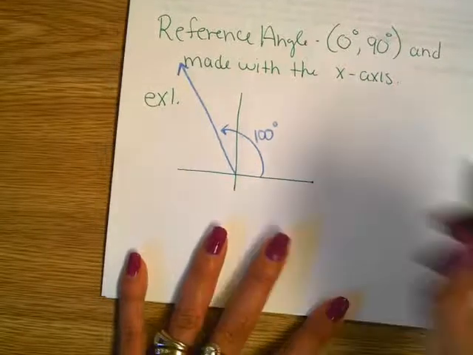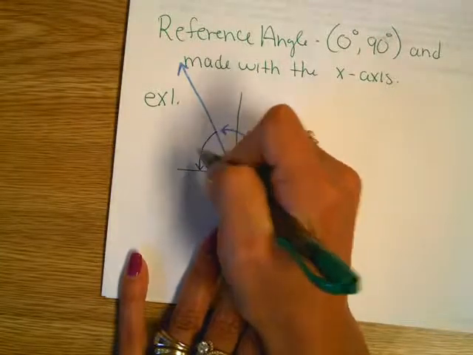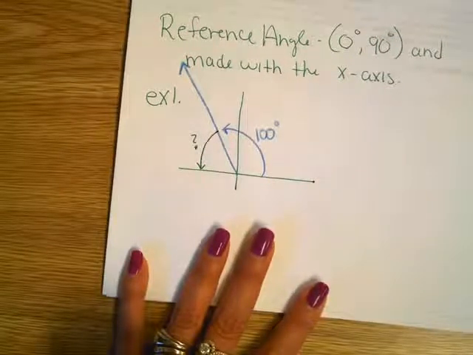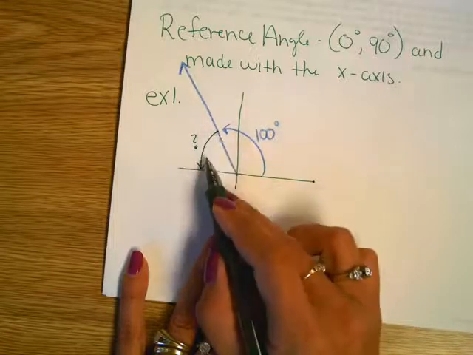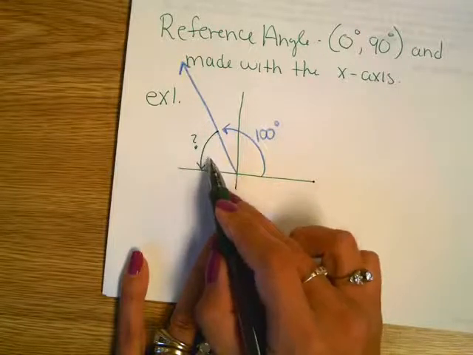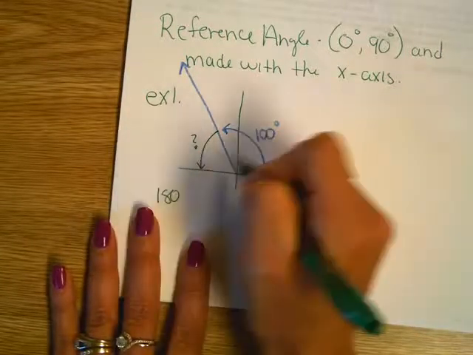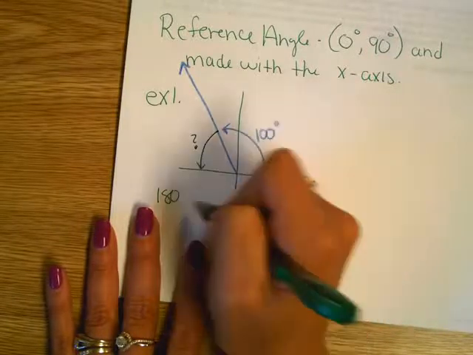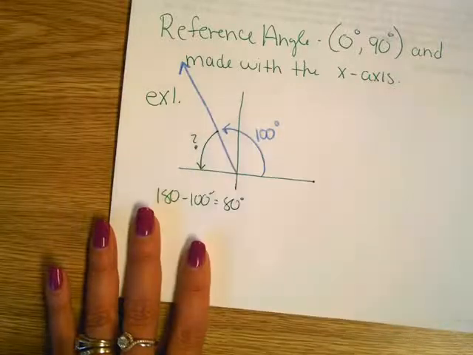So we are looking from the terminal ray to the x-axis. How do we figure that angle measure out? 180 minus the rotation. So what is this reference angle? 80 degrees. Very good. The process is 180, because that's what it would be with the two together, but I want to take off the 100 that's out there. And we get 80.